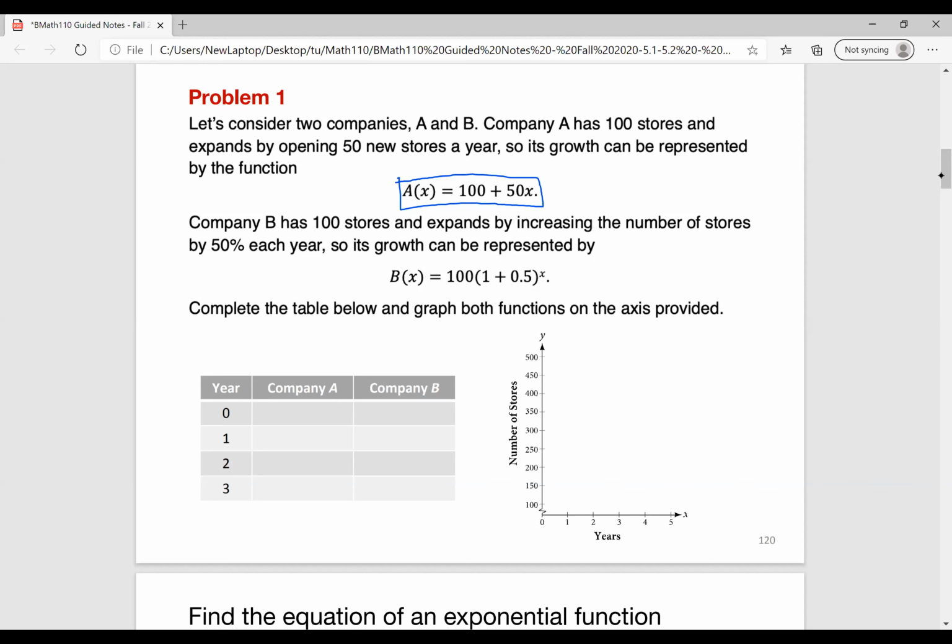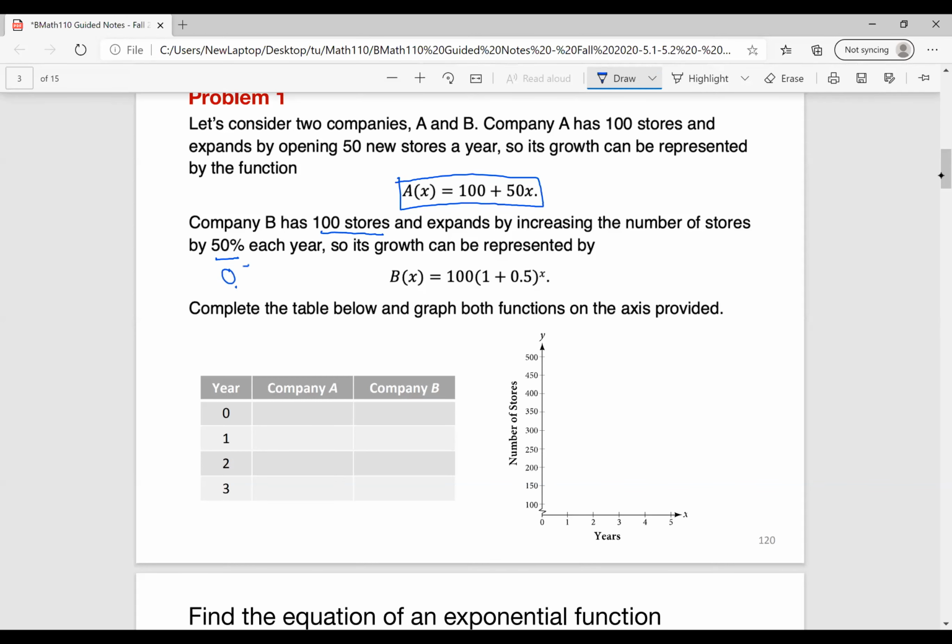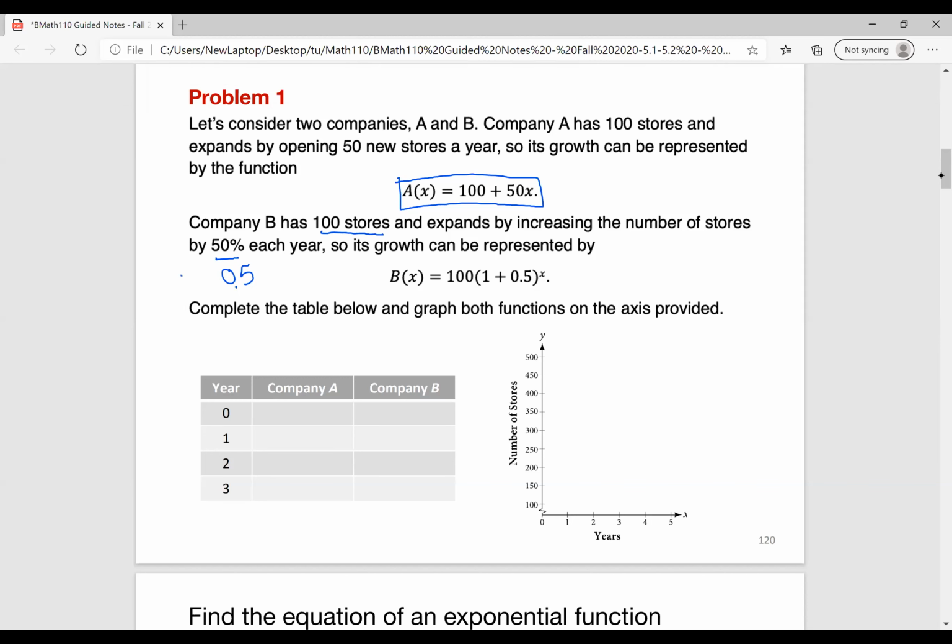Company B has 100 stores and expands by increasing the number of stores by 50%, which is actually 0.5, each year. So this is the rate, or I say r equal to 0.5. Its growth can be represented by B(x) = 100 times (1 + 0.5)^x.